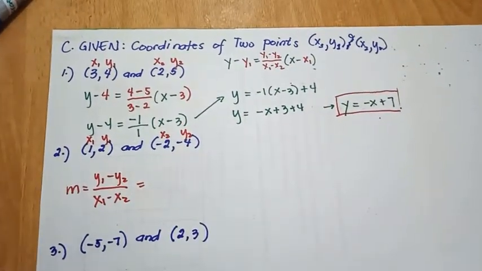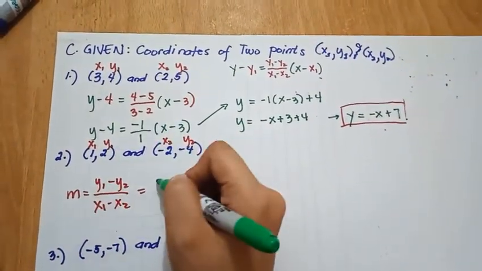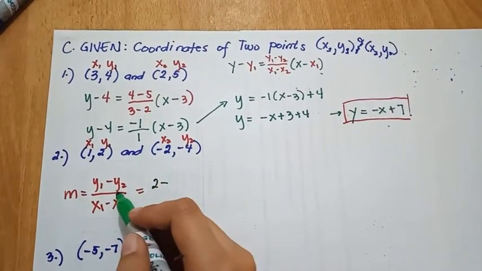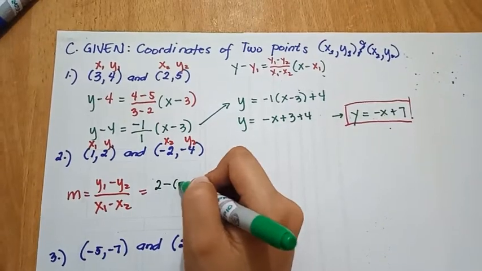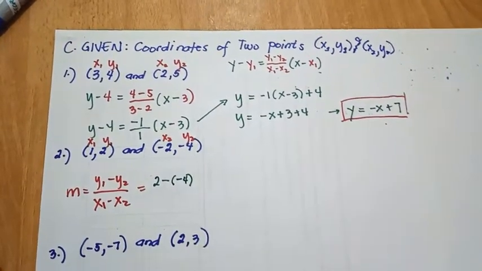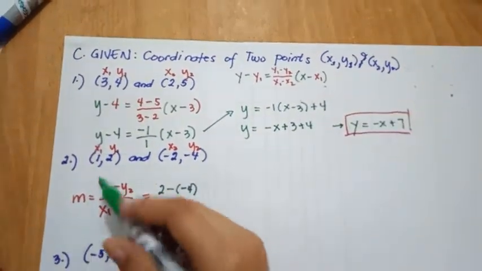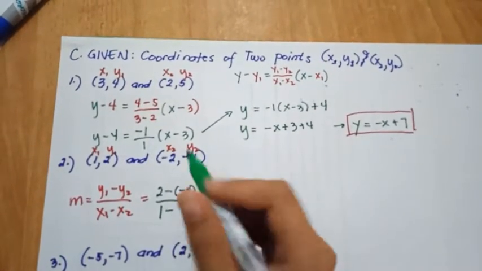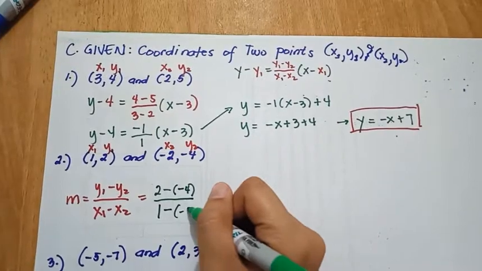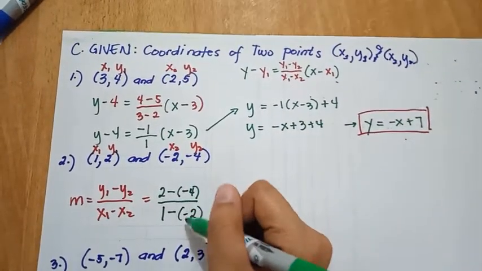Substituting to our formula, y sub 1 is 2 minus y sub 2 is negative 4. Do not forget to write the negative sign. Then, x sub 1 is 1 minus x sub 2 is negative 2. Again, be careful with the sign.